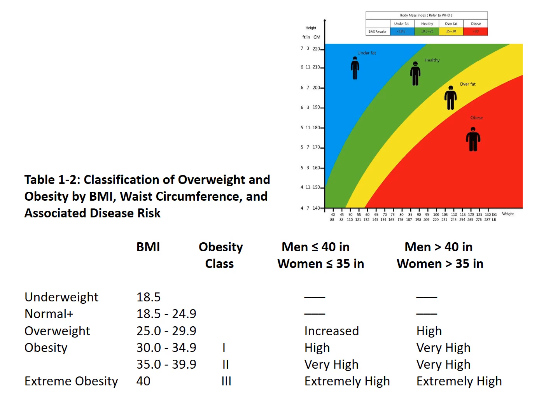And we can rate individuals as being underweight, healthy, overweight, and obese. Individuals who fall into the obesity category have an increased risk of diabetes. Some of these BMI charts will rate obesity on three different scales, kind of mild, moderate, and severe, where extreme obesity is a body mass index over 40. Those individuals are going to have an extremely high risk of type 2 diabetes.